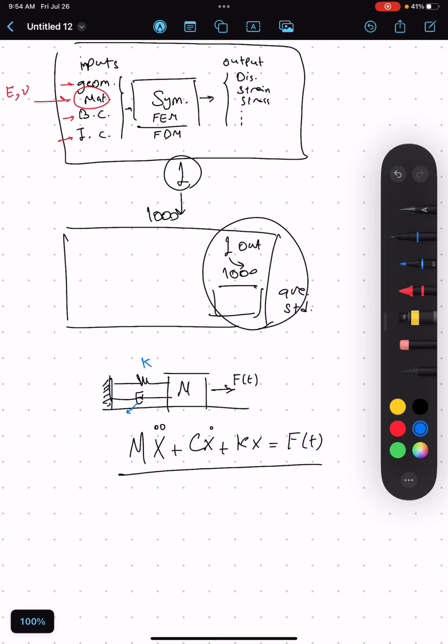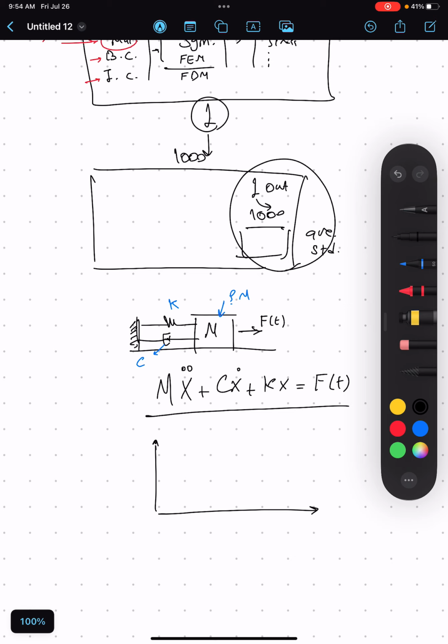We go to the factory and we are measuring this mass, and we know that we have some porosity inside the material. So for instance, it should be 1 kilogram, but it is not precisely 1 kilogram.